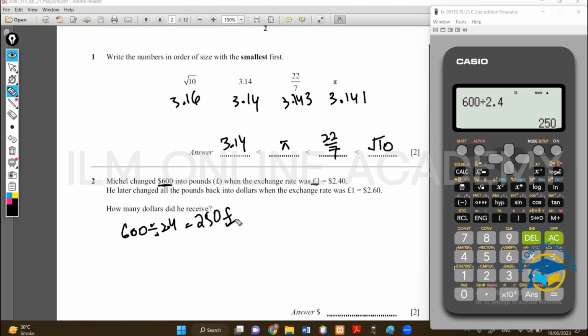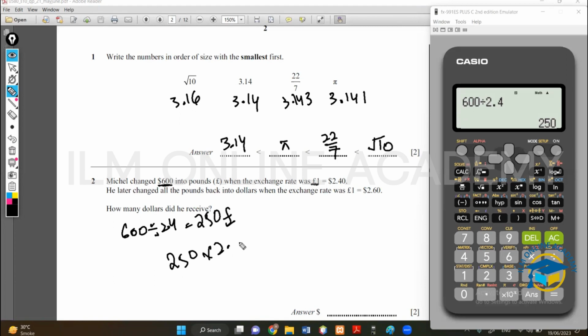So now he again exchanged his pounds into dollars. So what we have to do is multiply 250, because now we are going from a bigger currency to a smaller currency. These are 250 pounds, and now we have to go into dollars back.